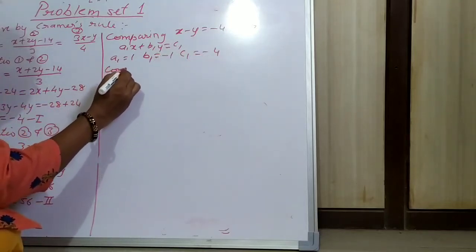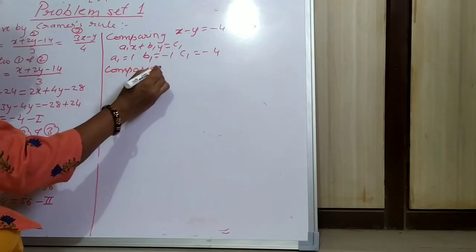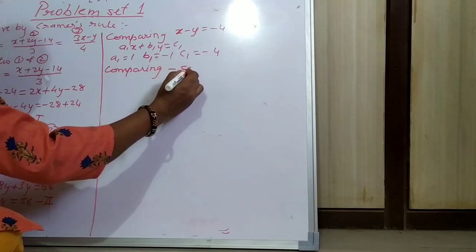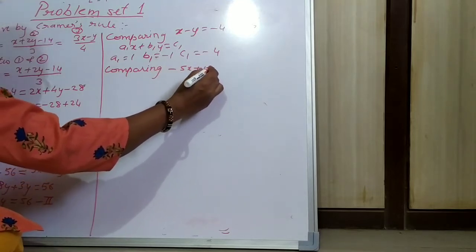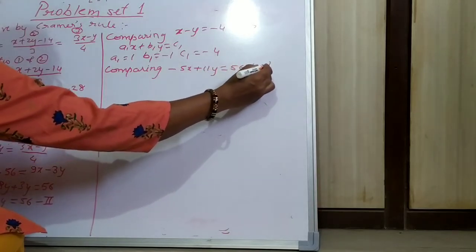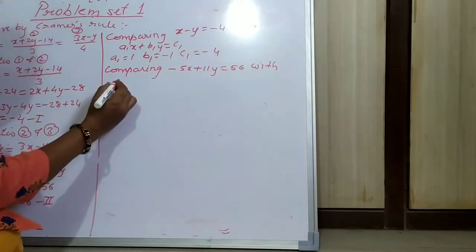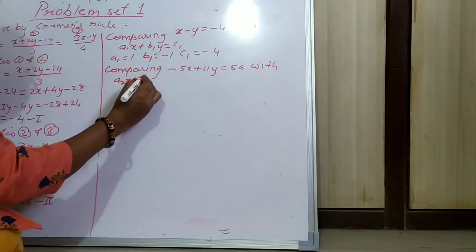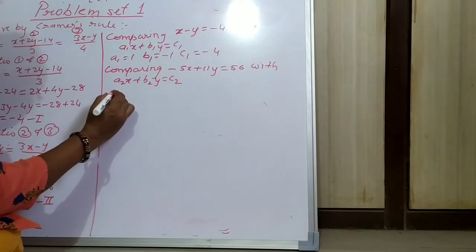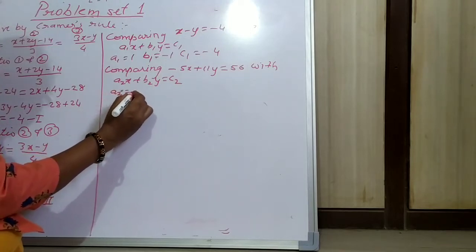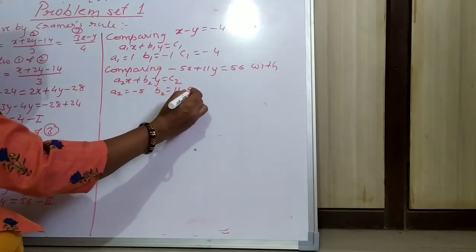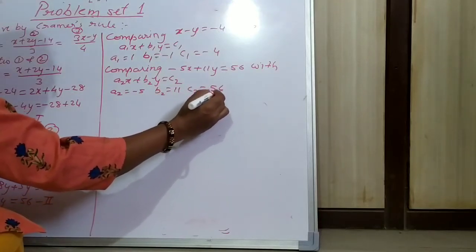Similarly comparing the second equation, that is minus 5x plus 11y is equal to 56, with a2x plus b2y is equal to c2, we get a2 is equal to minus 5, b2 is equal to 11, c2 is equal to 56.